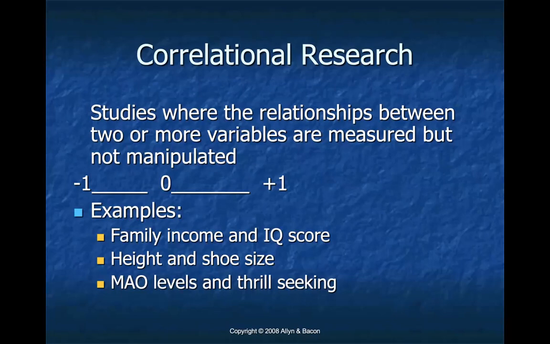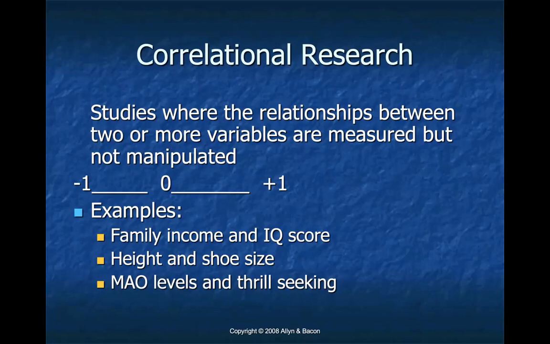But there are people who have high MAO that just might like to do that. It's fun for them. So just because one is low doesn't mean they're doing that because it's high.